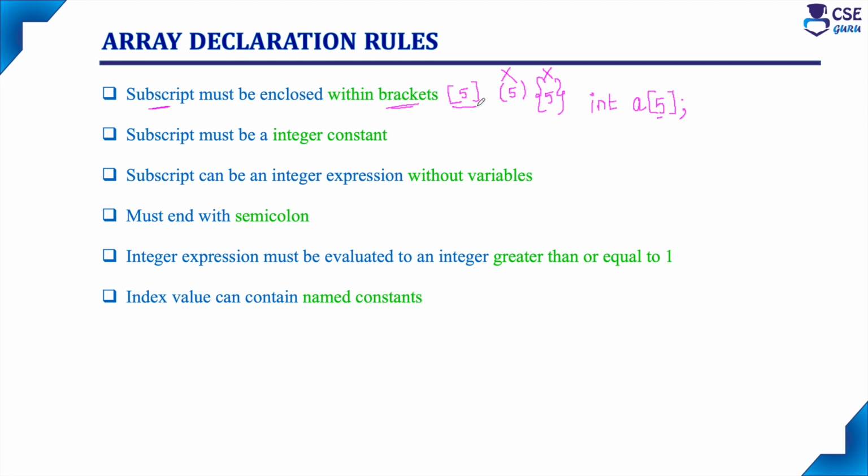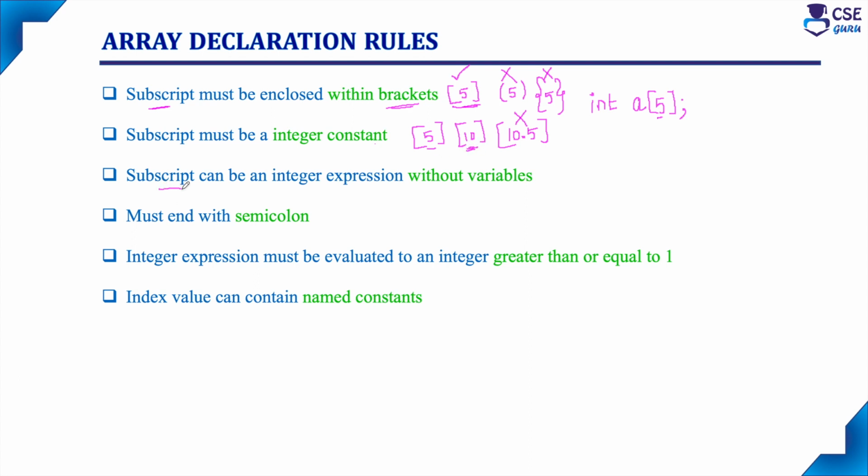The subscript must be an integer constant, like 5, 10, any integer constant we can specify. Floating point constants like 10.5 we should not specify. This is not allowed. So the subscript should be only an integer constant.